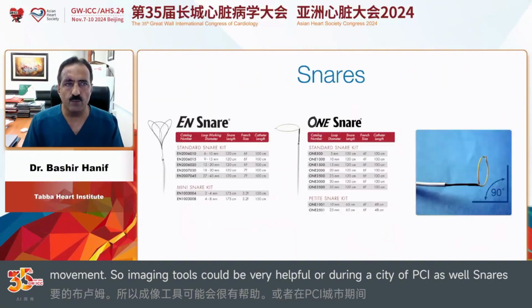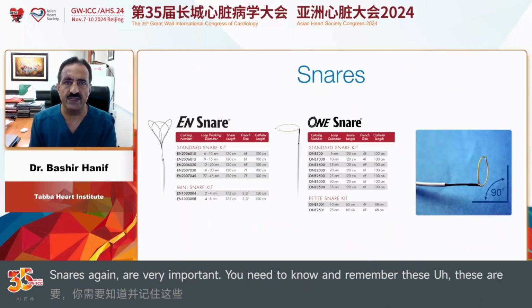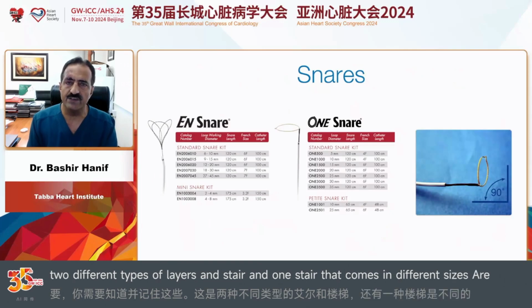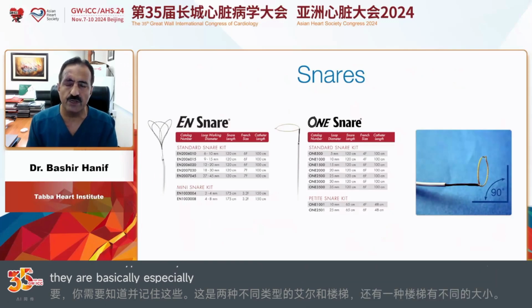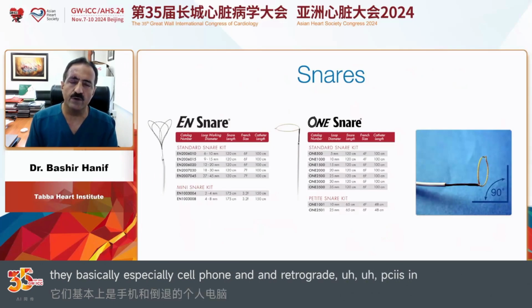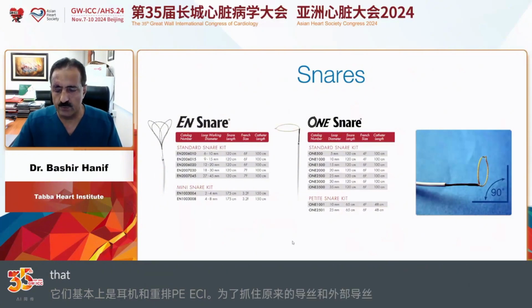Snares again are very important. You need to know and remember these. These are the 2 different types of snares, the end snare and the one snare. They come in different sizes. They are especially helpful in retrograde PCIs in order to grab the retrograde wire and externalize it.